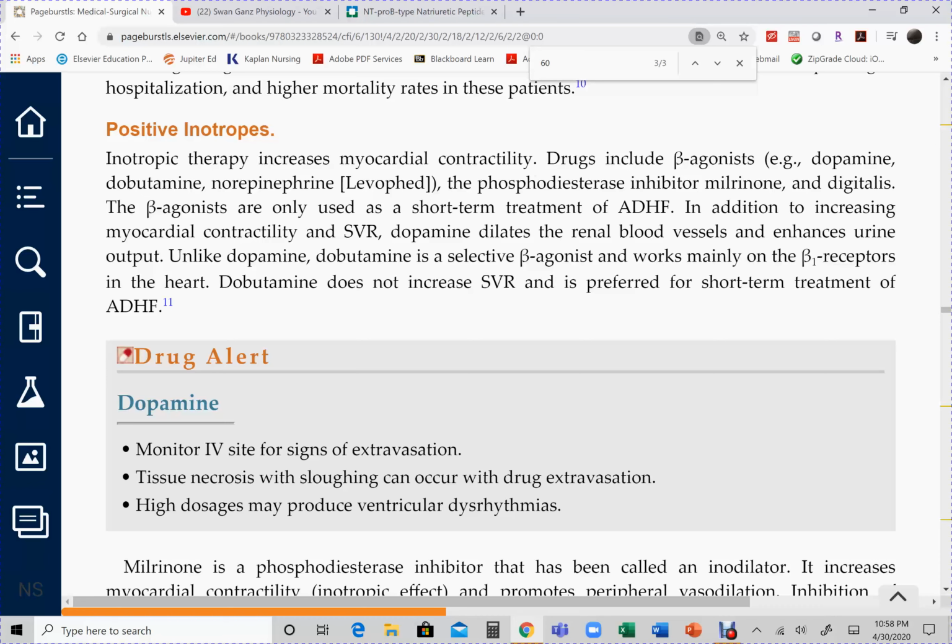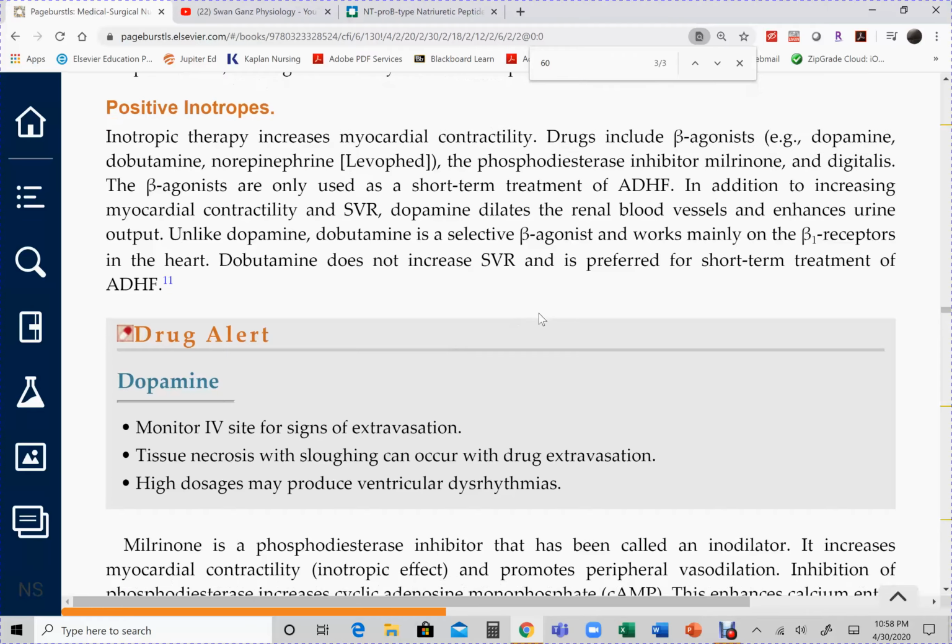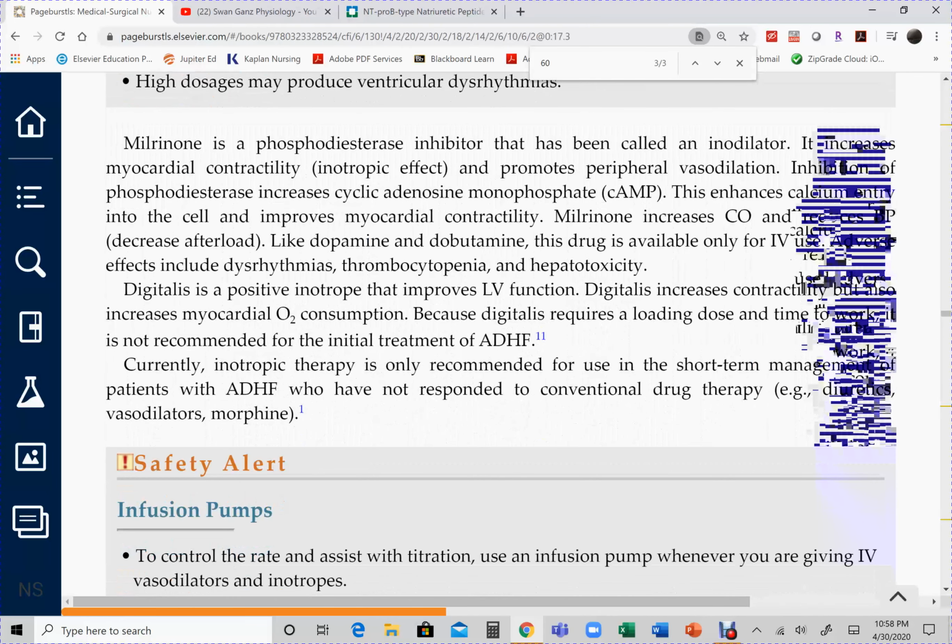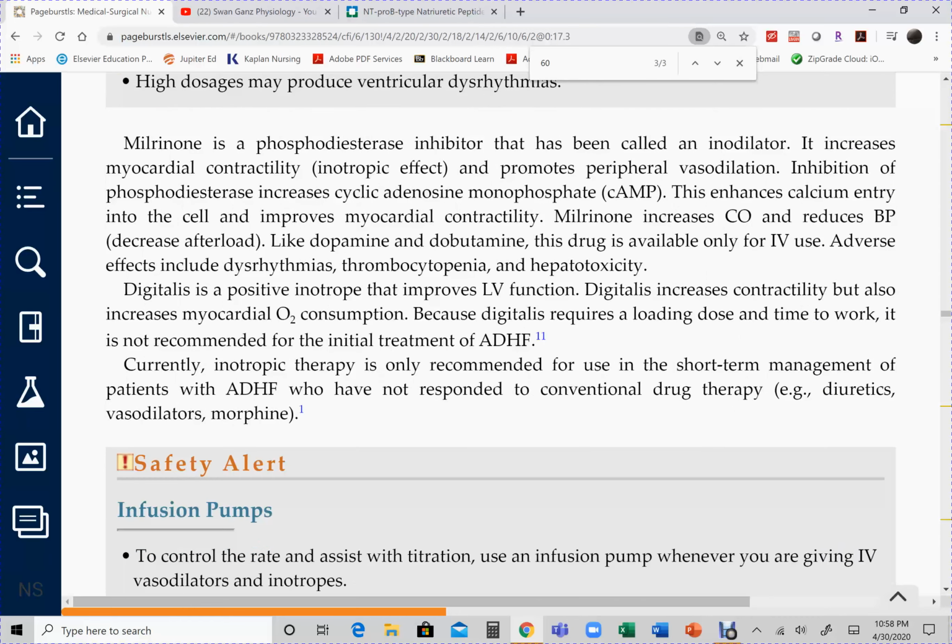So this may cause chest pain as a side effect. And you already know we can't use Viagra with nitrates, so these two may not be used together.